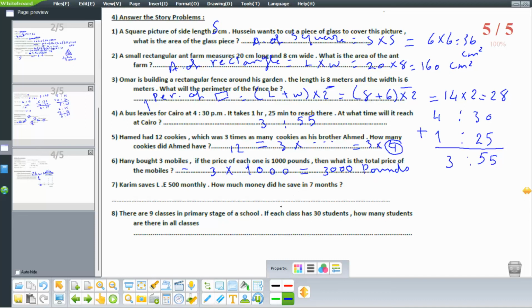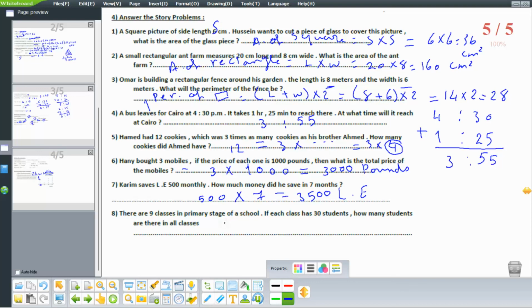Karim saves 500 LE monthly. How much money did he save in 7 months? 500 times 7 equals 3,500 LE. There are 9 classes in a primary stage of a school. If each class has 30 students, how many students are there in all classes?